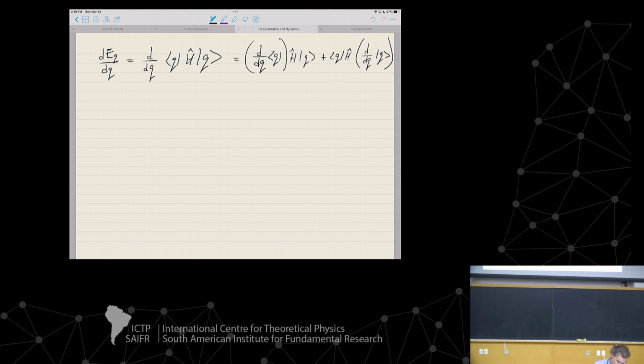The Q derivative is something I can find really easily if I write out the Bloch function in terms of the Wannier function.